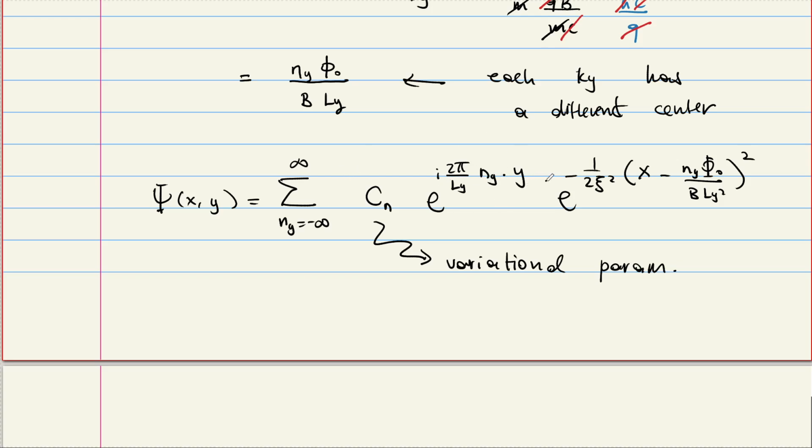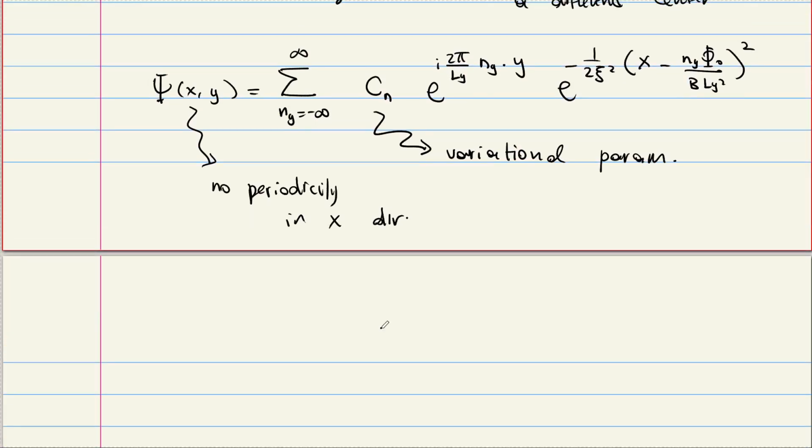As soon as you shift y, you have periodicity, but no periodicity in the x direction. But we can impose this periodicity. Let me show you how to do this, and then I'll take a break after that.